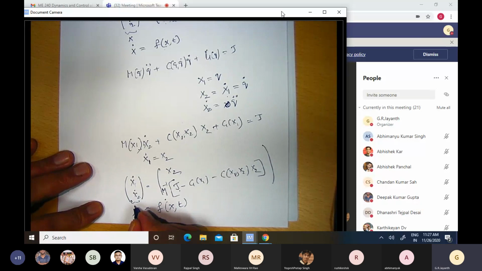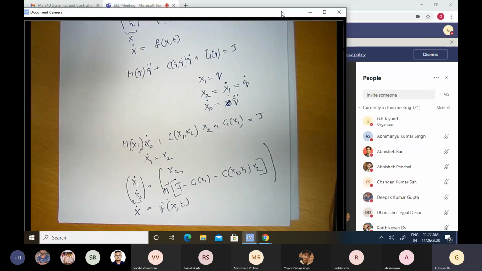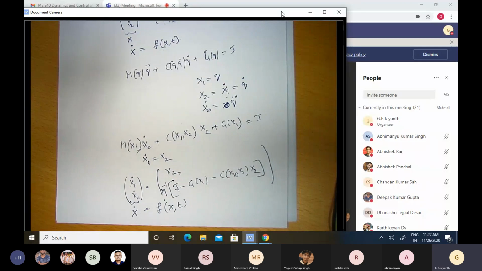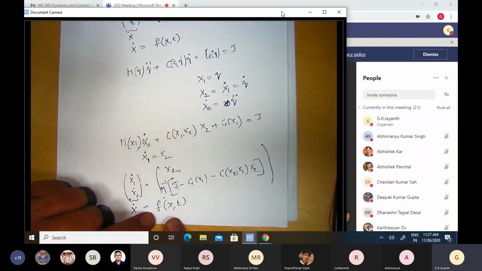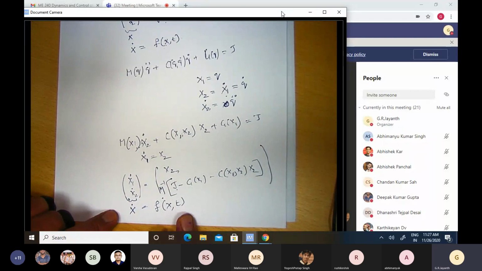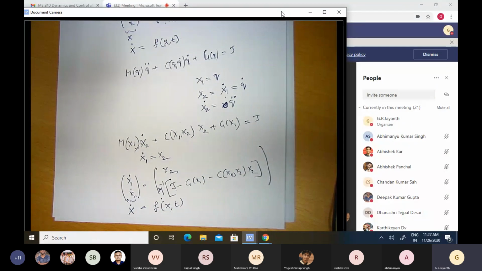So this therefore satisfies the requirements that a mathematician has imposed for me to use the tools that they have at their disposal. So having cast it in this particular form, I now go back to the mathematician. I tell him or her that I have cast my second order nonlinear differential equation in the form that you wanted, a first order vector differential equation. Now please tell me how I can solve this numerically.